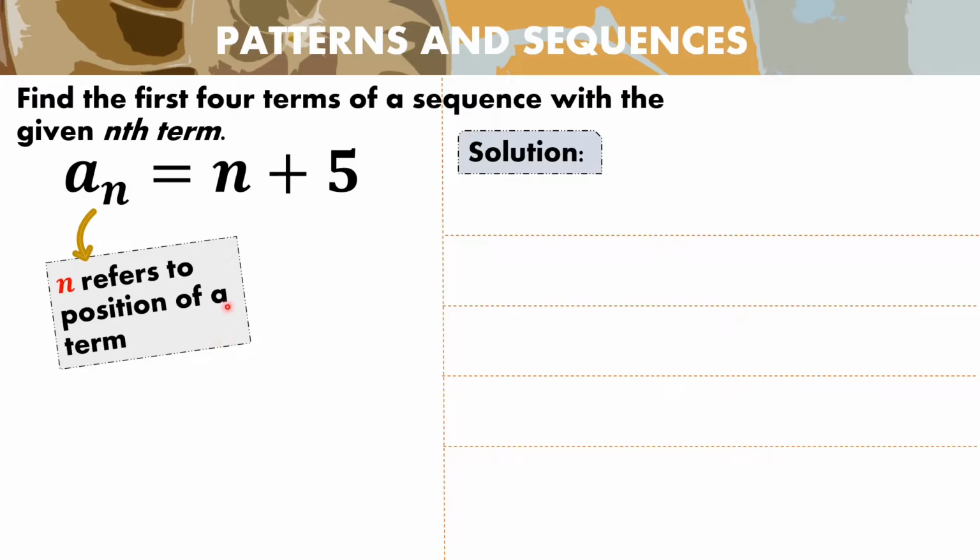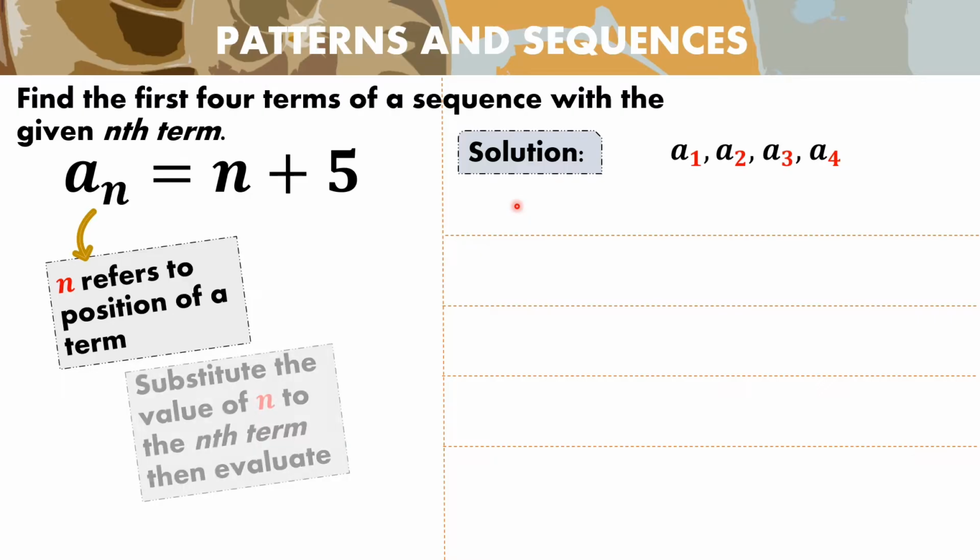That is a sub 1, a sub 2, a sub 3, and a sub 4, since we're looking for the first four. Okay, let's start by finding the first term, or a sub 1. All we need is to substitute the value of n into the nth term, a sub n equals n plus 5, and then evaluate.